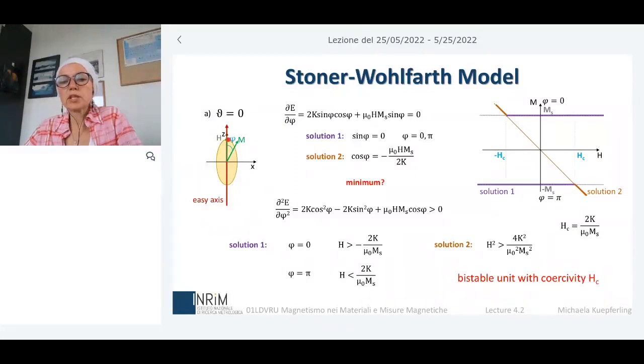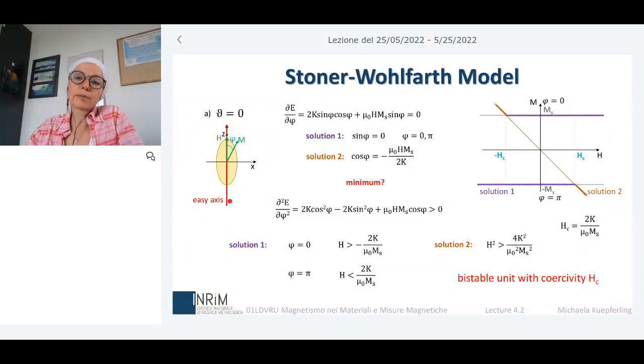So imagine in this particle, you start from a high magnetic field applied in this direction, you decrease the field, and magnetization stays in this direction unless we invert the field and reach a field minus HC. Then immediately the magnetization will switch in the opposite direction.